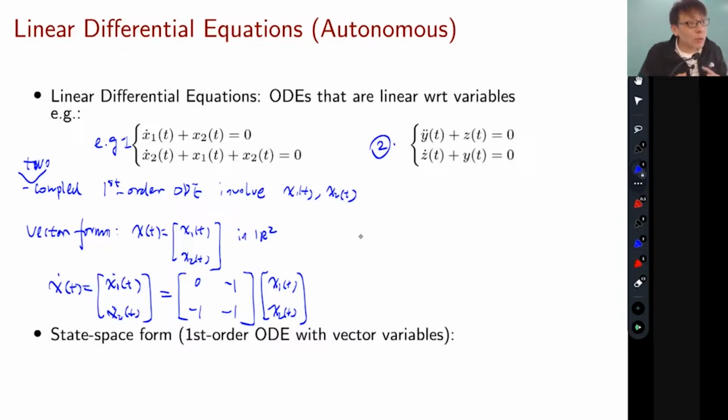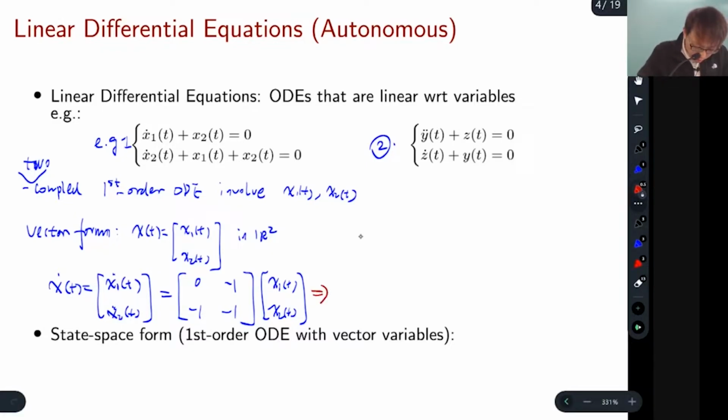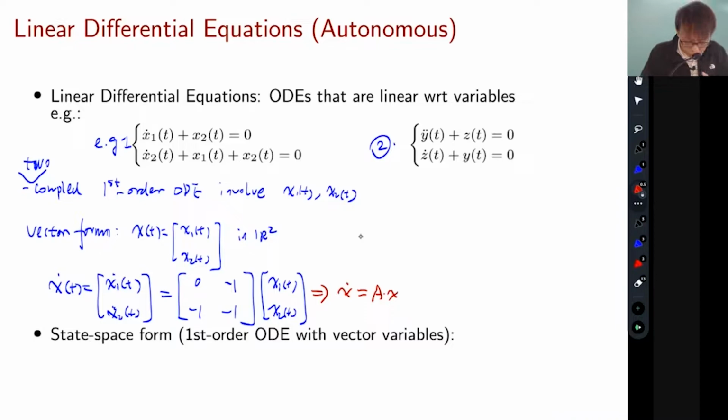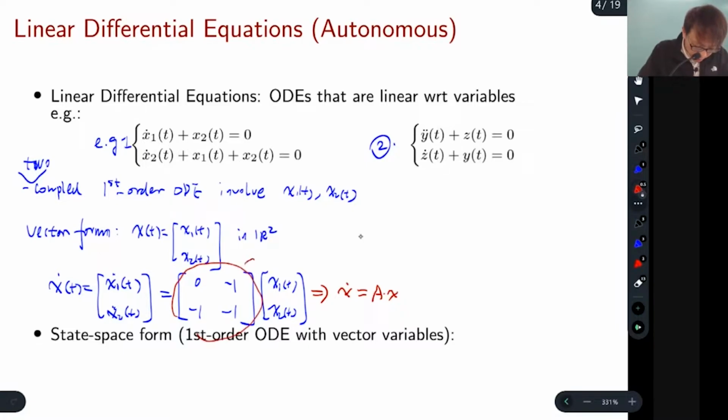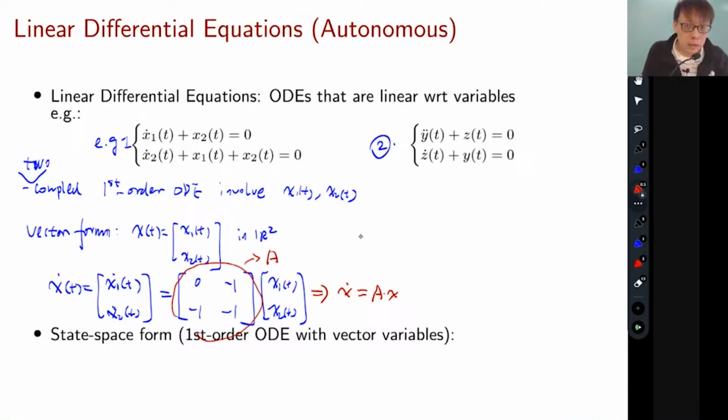That's the standard, more compact form. When I write this form, I essentially write x dot equal to A times x, where I drop the dependence on t when it is clear from context. This is my A matrix, which is a constant and doesn't depend on time.